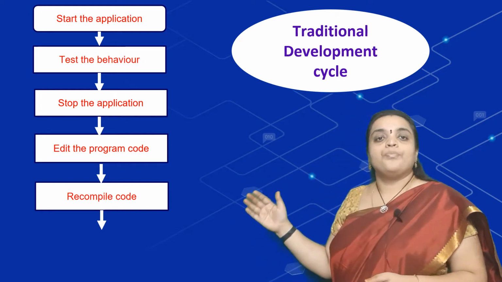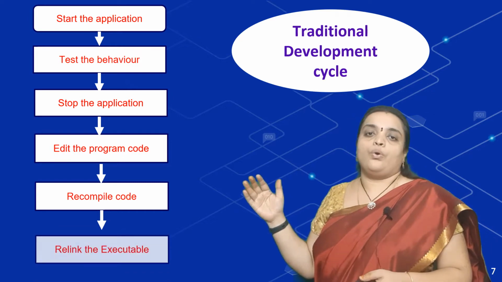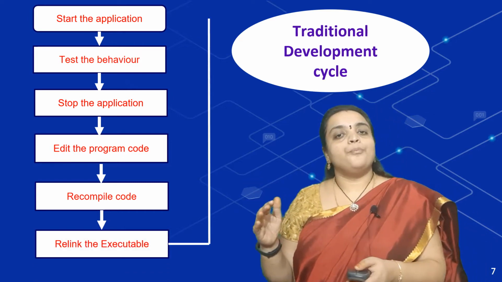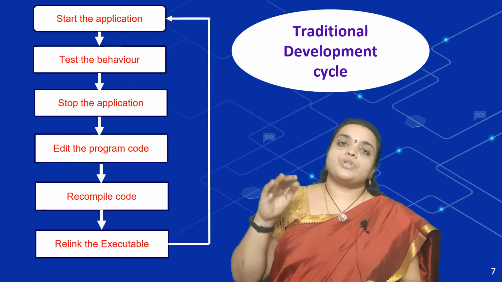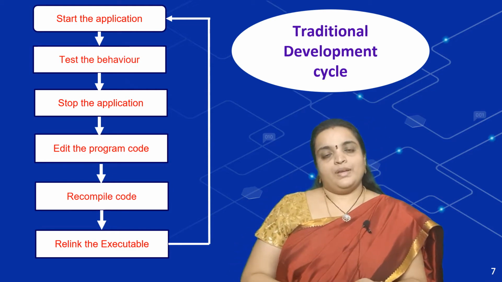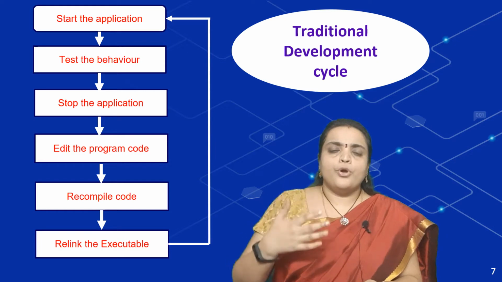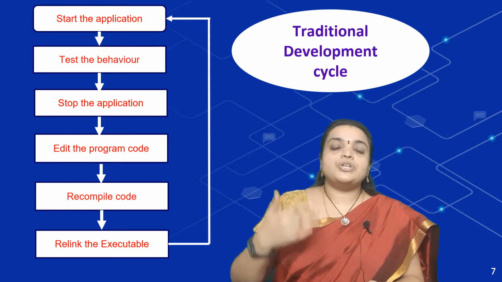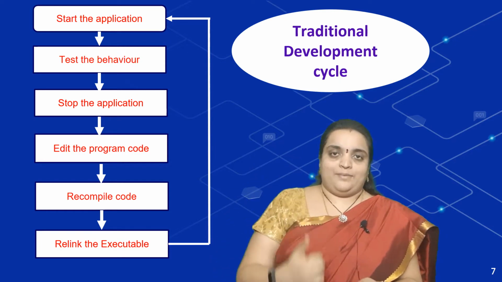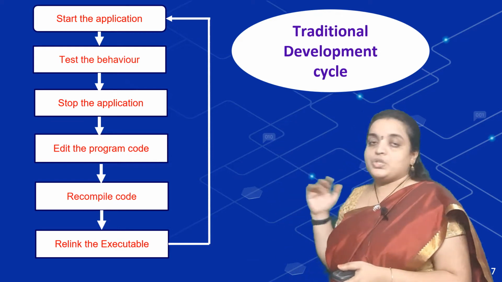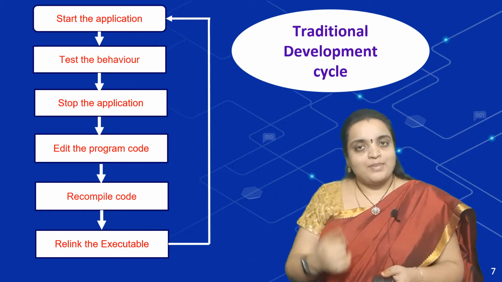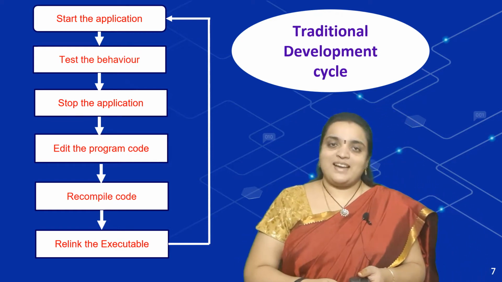After that, it will relink the code. Is that clear, students? After that, it will again start the application. This is the procedure of the traditional program development cycle. It is the cycle followed by professional, traditional programming languages.